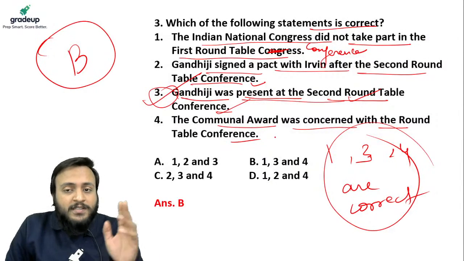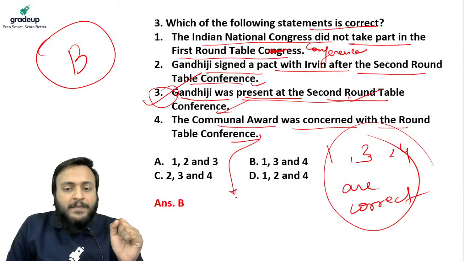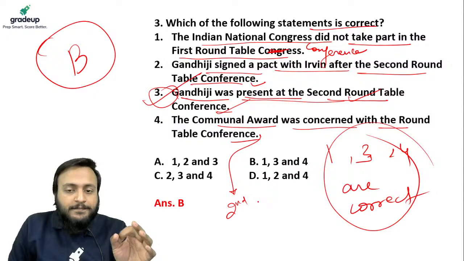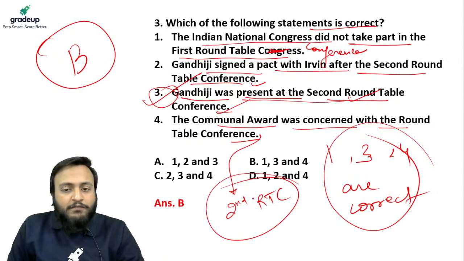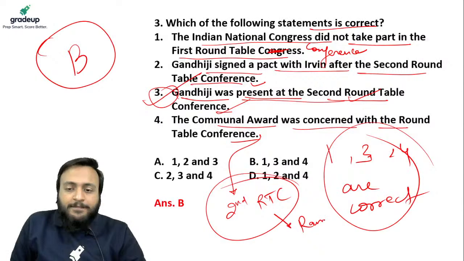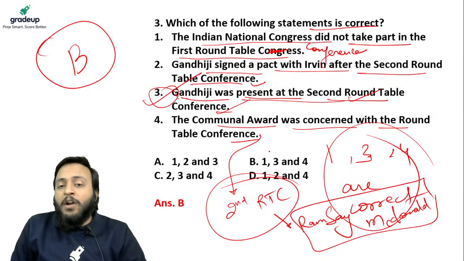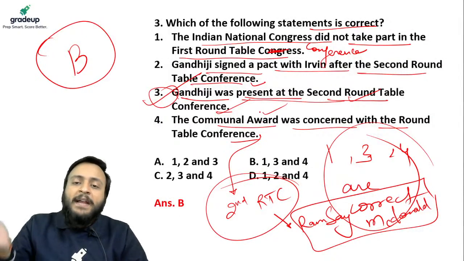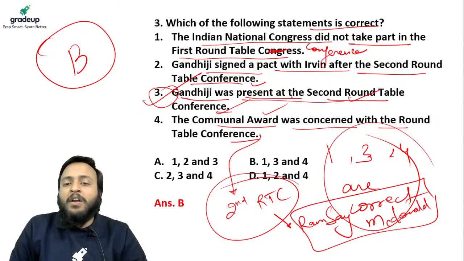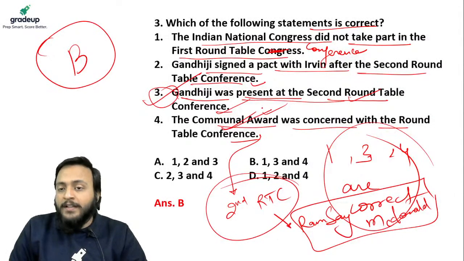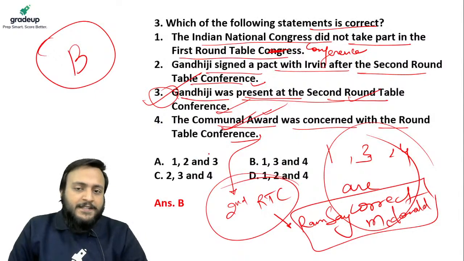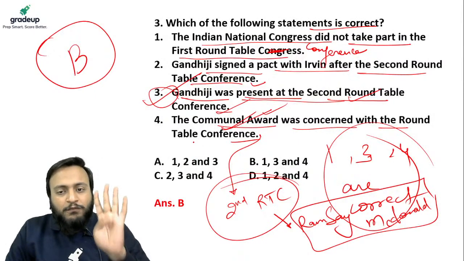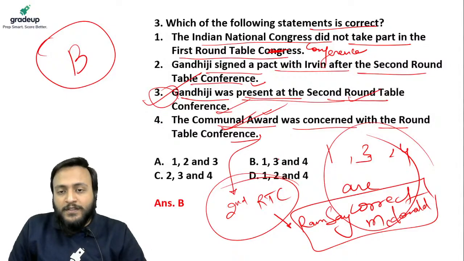Guys, it was concerned with Round Table Conference only because at the end of the second Round Table Conference, Ramsay MacDonald, the British Prime Minister, declared the award of separate electorate to the depressed classes as demanded by Dr. B.R. Ambedkar, and this we call the communal award for the depressed classes. So 1, 2, and 1, 3, and 4th statements are correct.